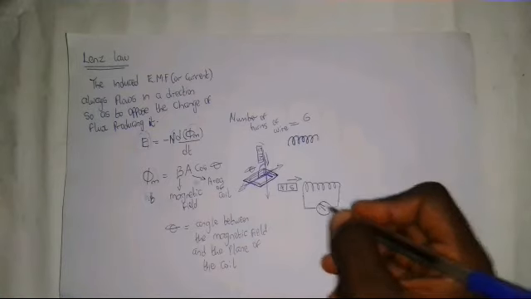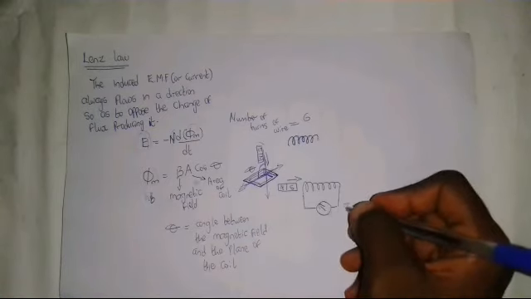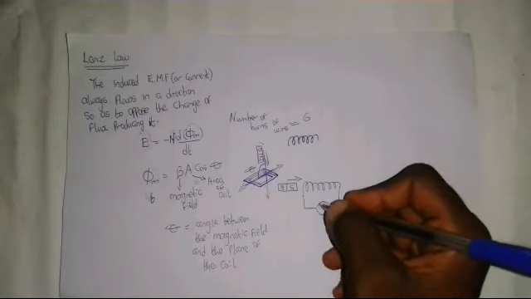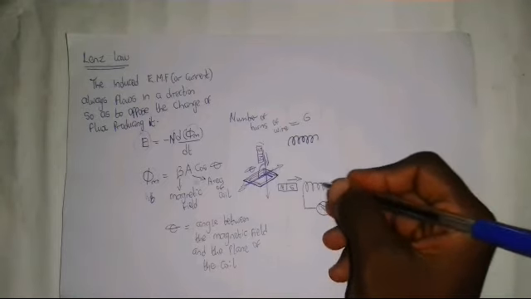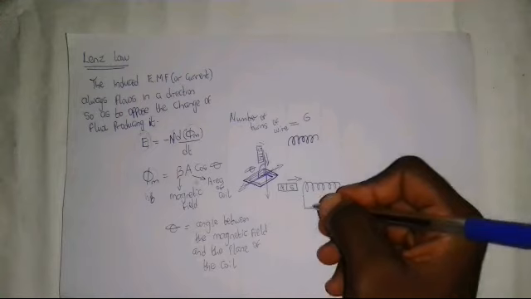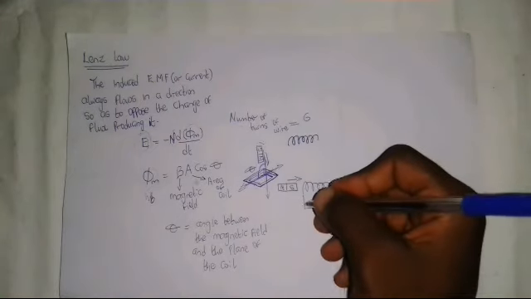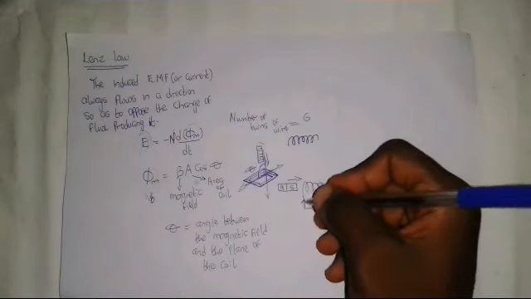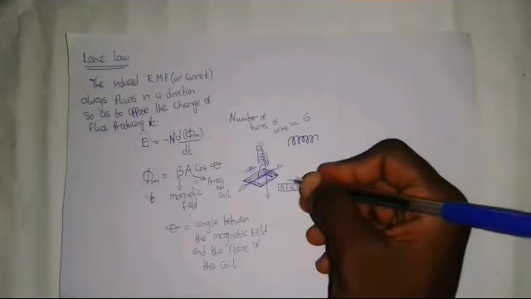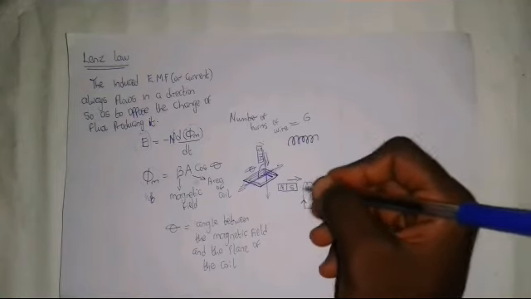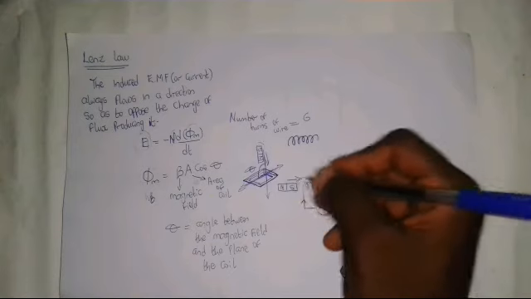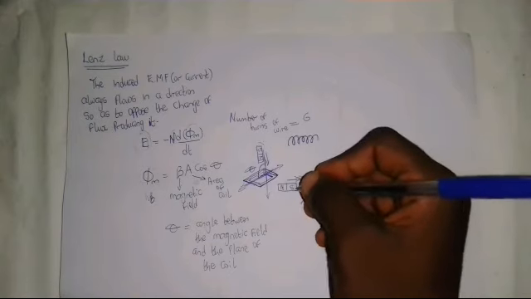But the current that is induced will flow in this direction so that it opposes this change. As this magnet is coming, it is interrupting the magnetic field in the solenoid as well as in itself.